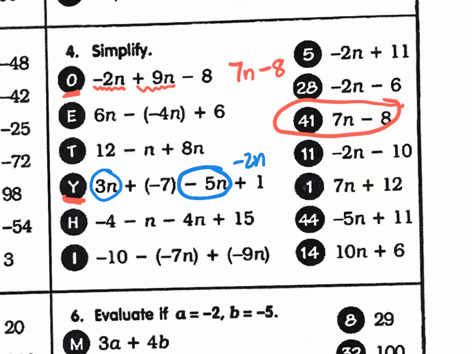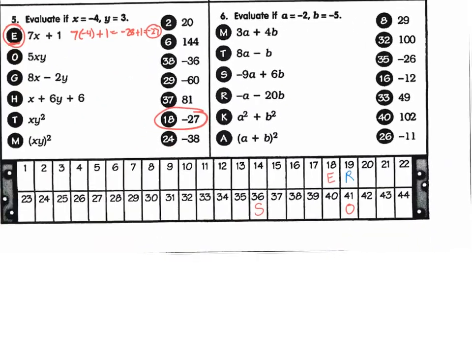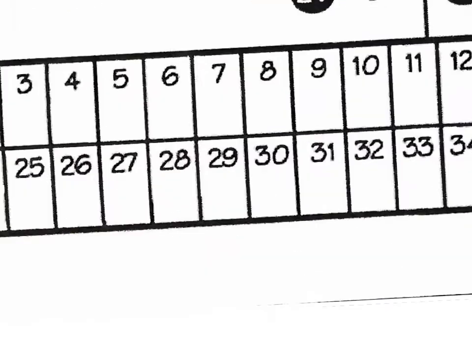And I could also combine this minus 7 with this plus 1. That's like owing 7, having 1, yeah, negative 6. So there's your answer, negative 2n minus 6 for the letter Y. So where's negative 2n minus 6? It's up here. It's 28. So we're going to go to spot 28 and put a Y right there.